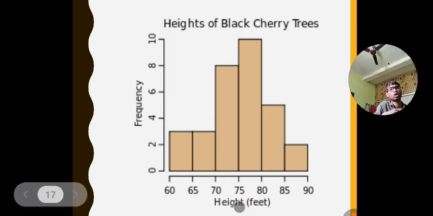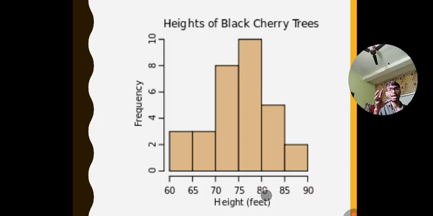Next there are eight trees whose heights come between 70 and 75. Next we have 10 trees whose height comes between 75 and 80.